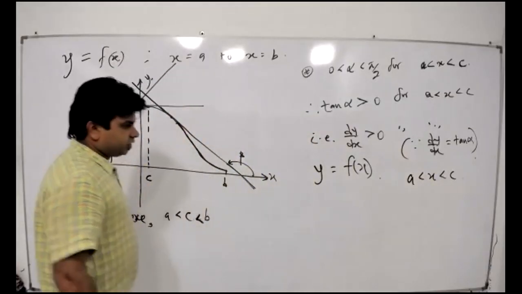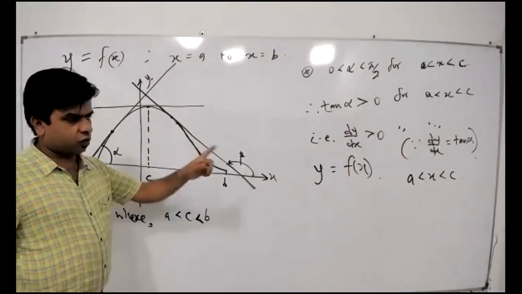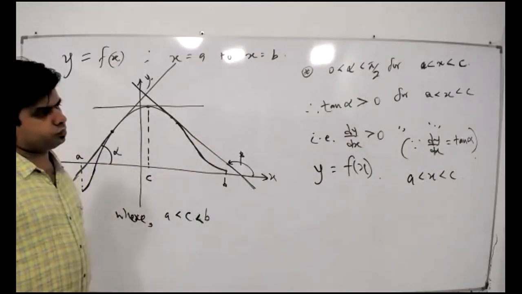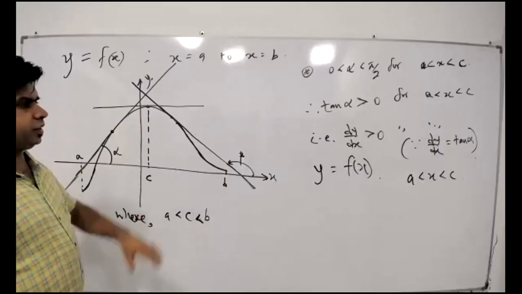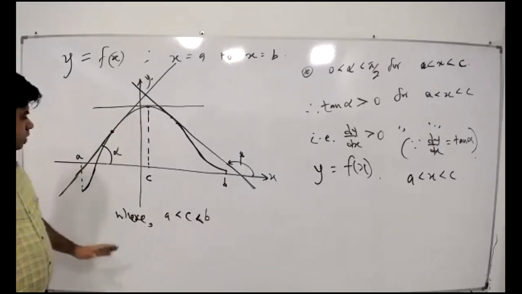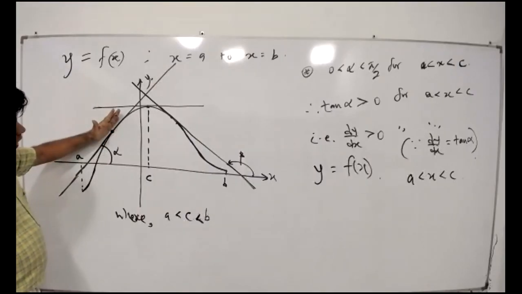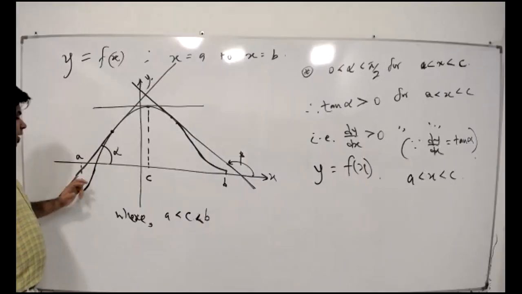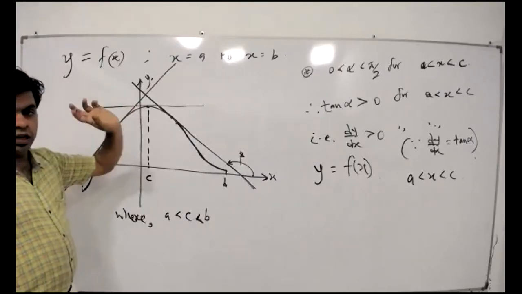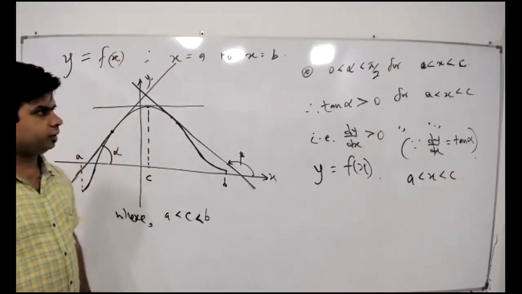That means, how do you understand? If you draw a tangent to the curve and the tangent makes an acute angle, that means the function is increasing in that particular range. Clear? It's a simple idea.